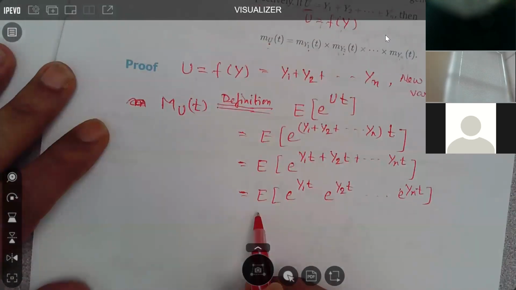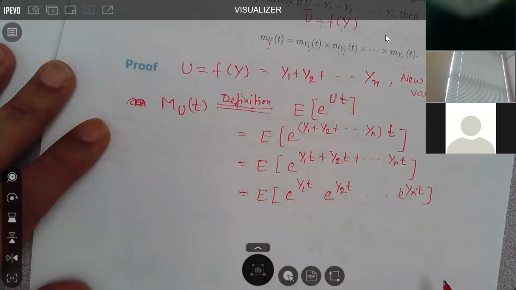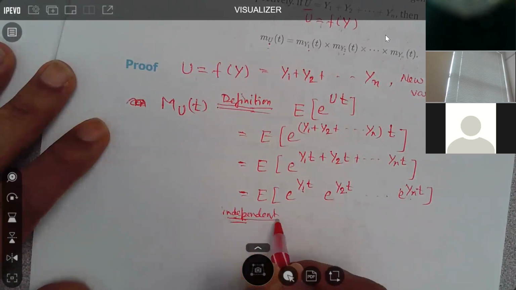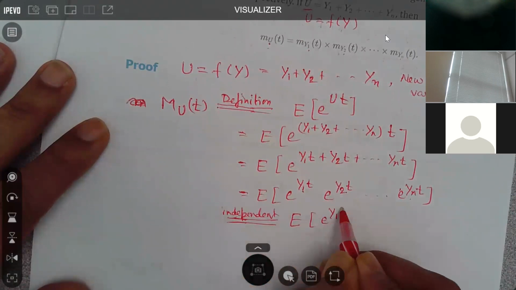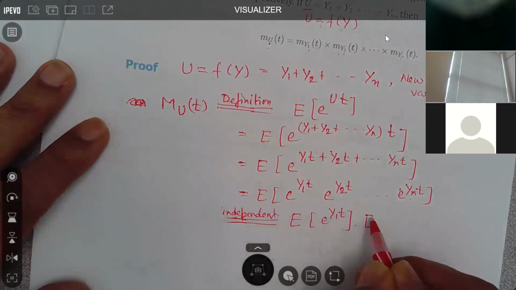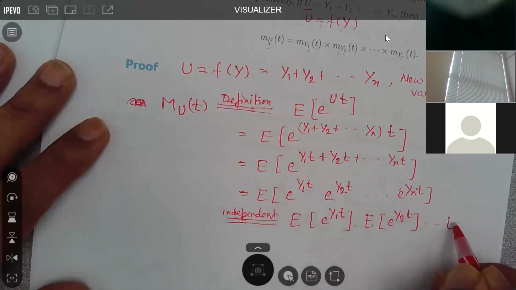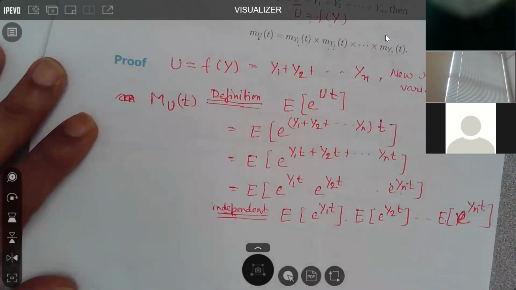Now, y1, y2, and yn are independent, right? So if they are independent, then you can write this as the expectation of e^(y1t) times the expectation of e^(y2t) times the expectation of e^(ynt).